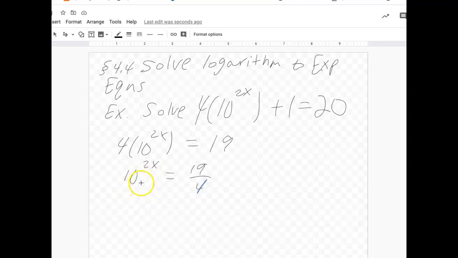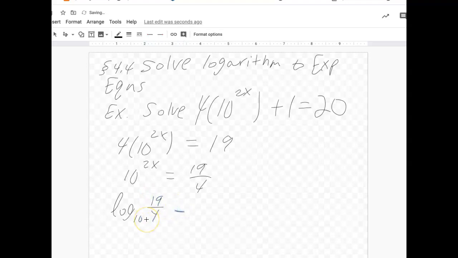The way that I want to solve for x, again, based on what we've learned in this section, is that here we have an exponential. Let's convert it to a logarithm. The base of the exponential is the base of the log. The argument is what the exponential equals.